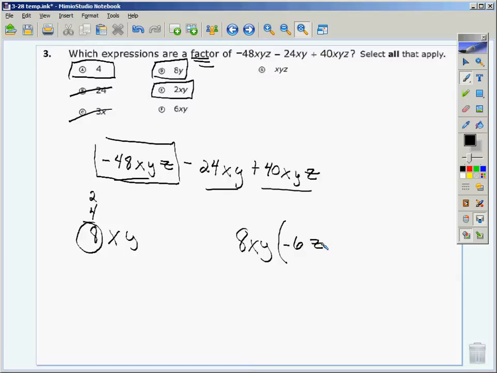Z. What would I multiply the 8xy by to get back to the second term? Negative what? Oh, no, I'm sorry. Negative 3? Yeah, negative 3. What would I multiply 8xy by to get back to this 40xyz?